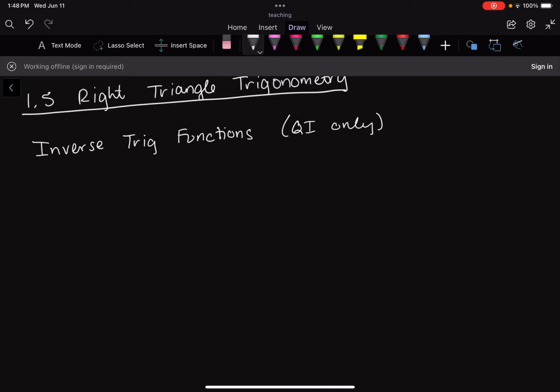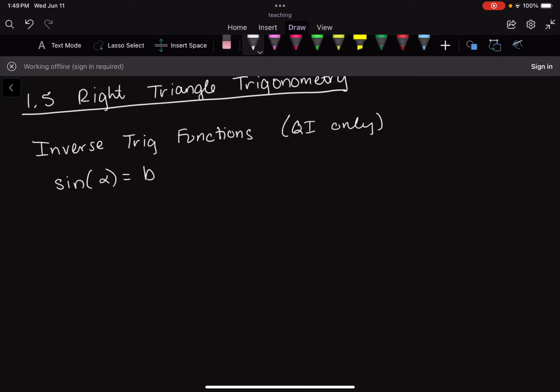So here's the gist of it. If you have an equation, say sine of an angle alpha is equal to something, I'm just making up something here, let's say it's equal to b. Now b is going to be an actual number and alpha would be an actual angle.